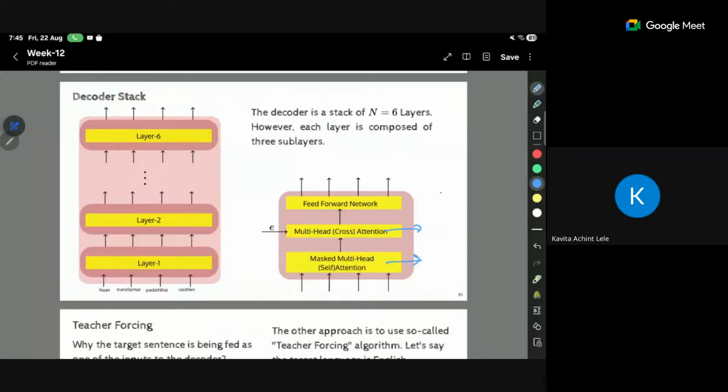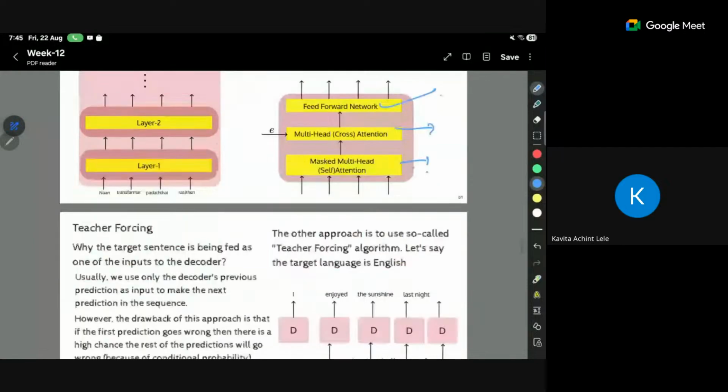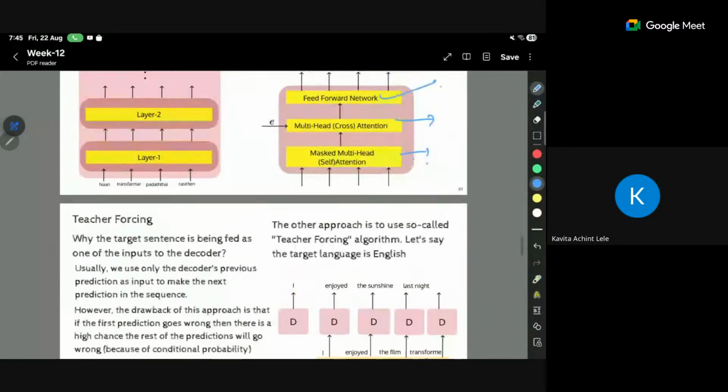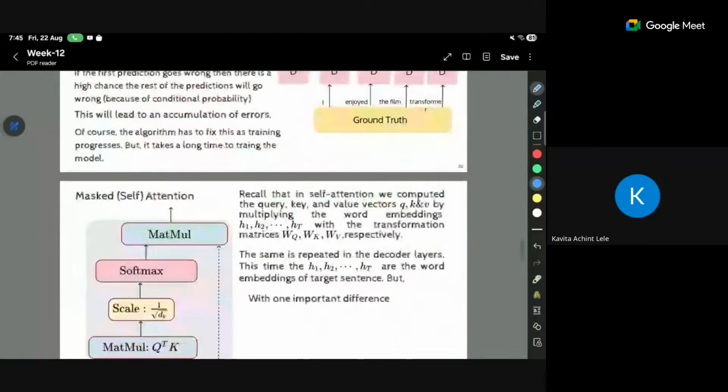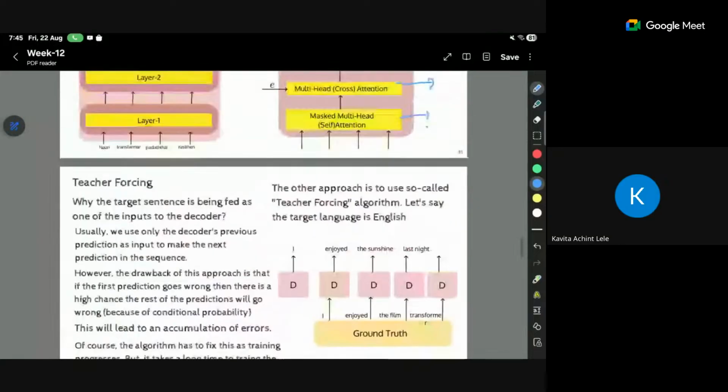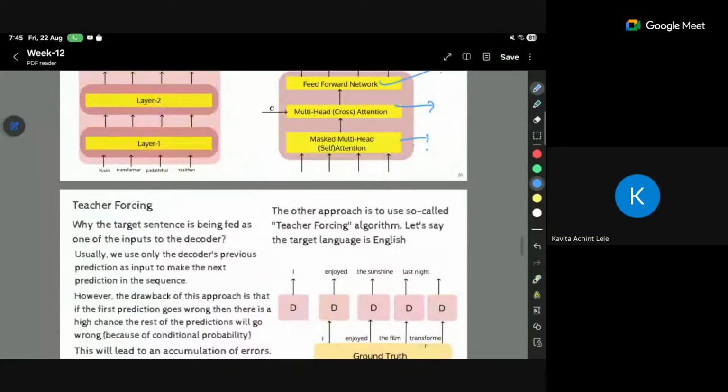So this part we know, but these two may be different, you can say. So let's look at that now. So the next is let's say masked multi-head self-attention.